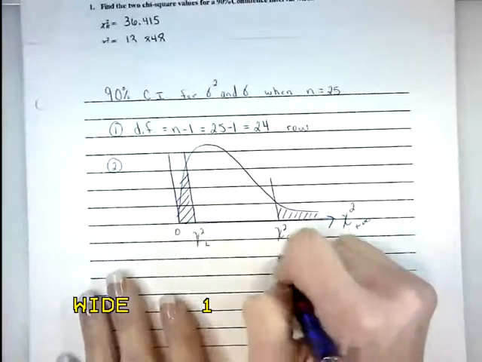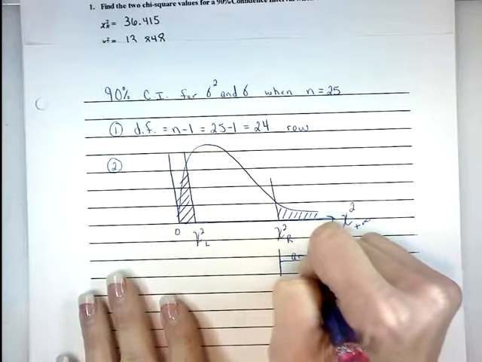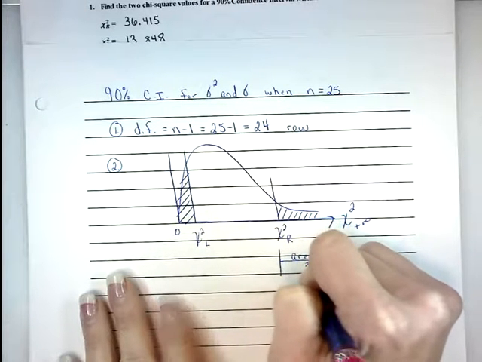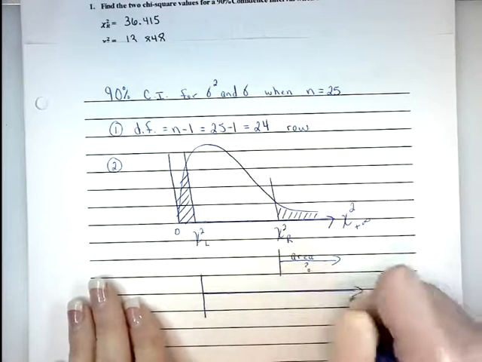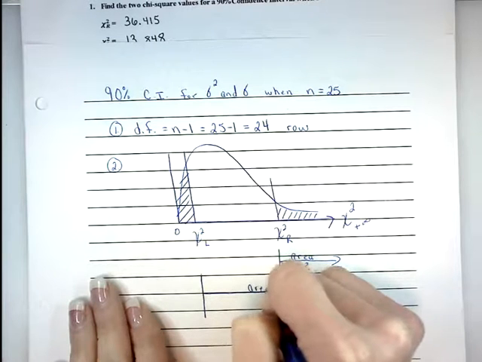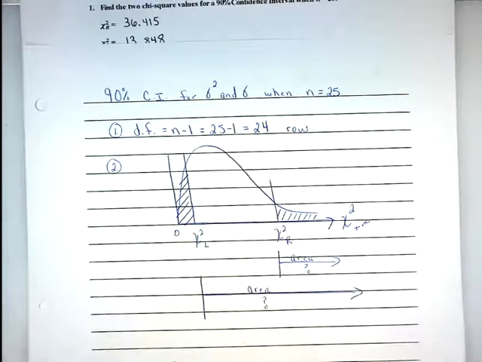We have to figure out what this area is above chi-square from the right, and we have to figure out what this area is above chi-square from the left. Those are the areas that we look up in the chi-square table. Those are the columns that we go to.